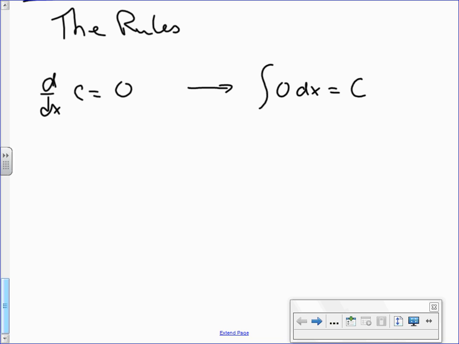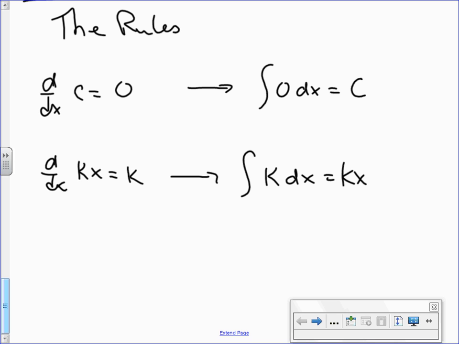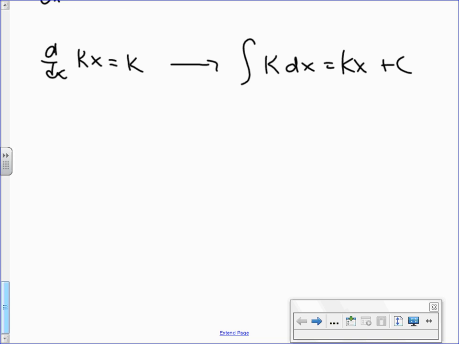The derivative of 2x is 2, the derivative of 3x is 3, the derivative of kx is k. Therefore, the antiderivative of a constant other than 0 is kx. It's going from one direction and going backwards. And over here, when you take antiderivatives, you have to put a c on it every single time. Okay?